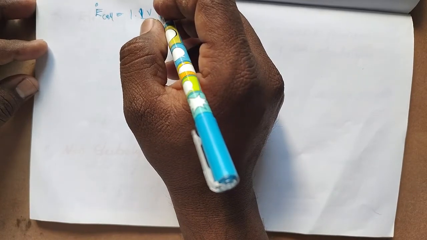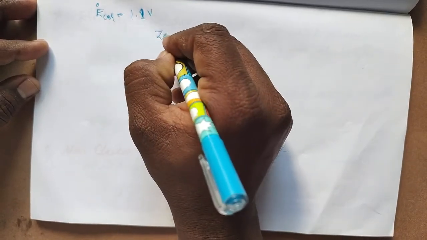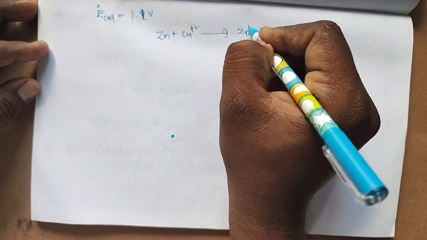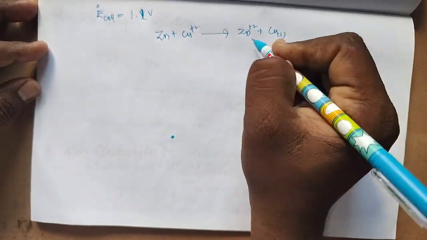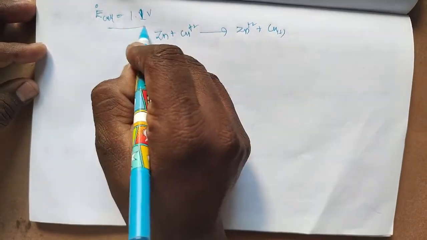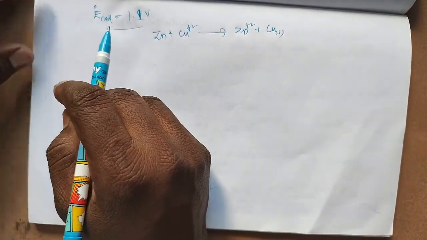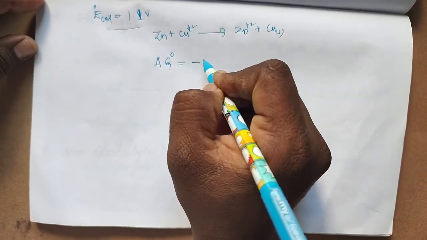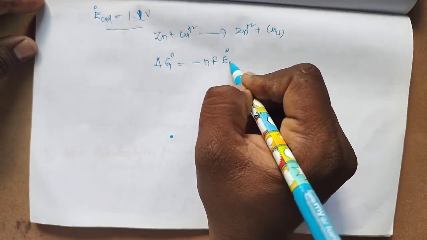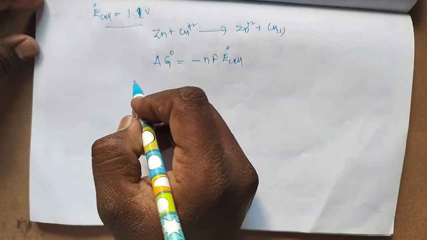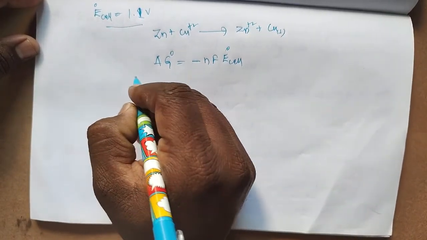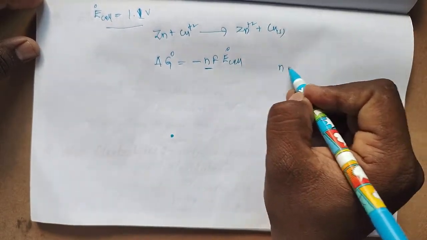Calculate the standard Gibbs energy for the reaction Zn plus Cu2+ gives Zn2+ plus Cu. So E naught cell is given, and delta G naught equals minus nF E naught cell. This is the formula. As per this formula, what is the value of n?